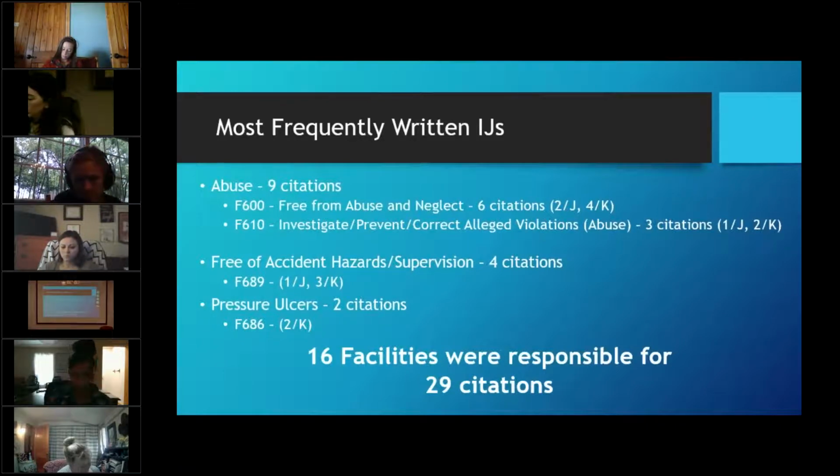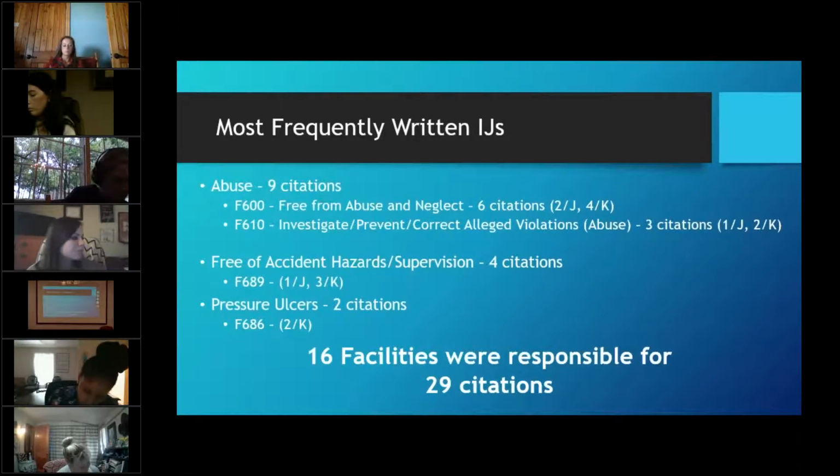I sit right next to somebody that reviews incident reports all day long and calls facilities requesting more information. So yesterday, she was reviewing this incident and abuse allegation, and she calls the facility. She's like, I need to see your investigation notes on this, and why did you not fill out the form to report that, nurse?